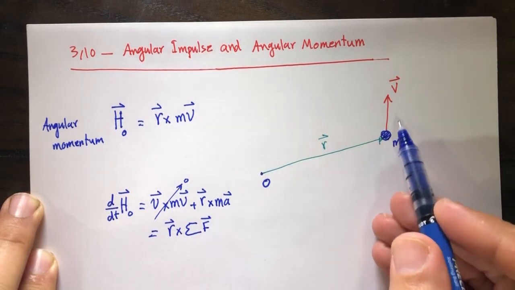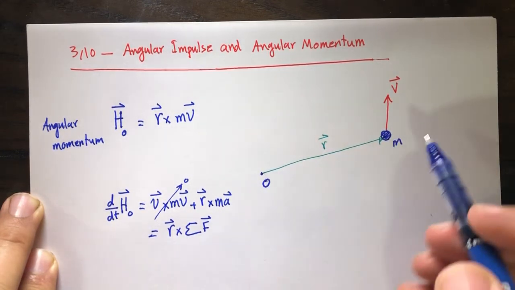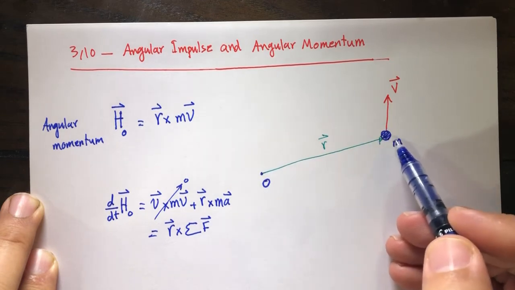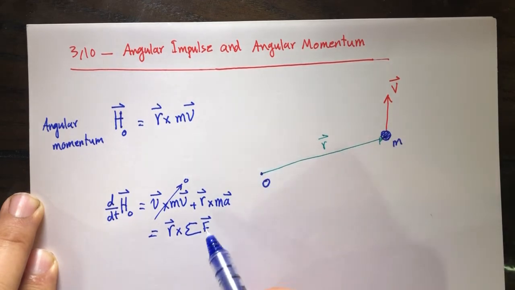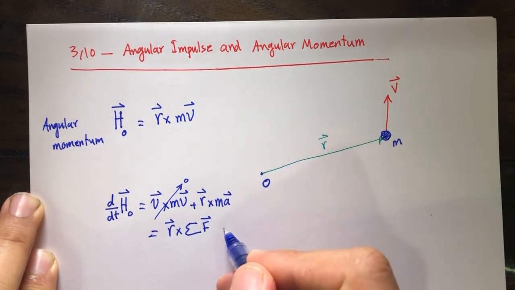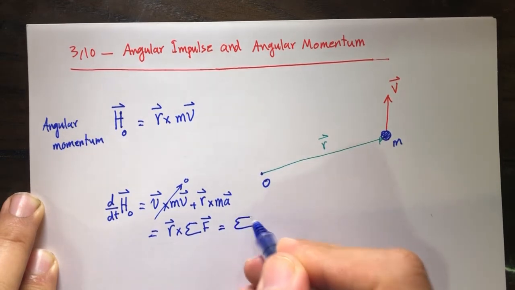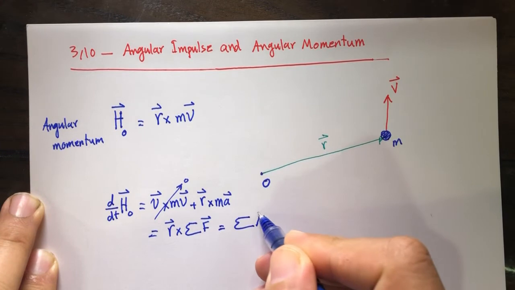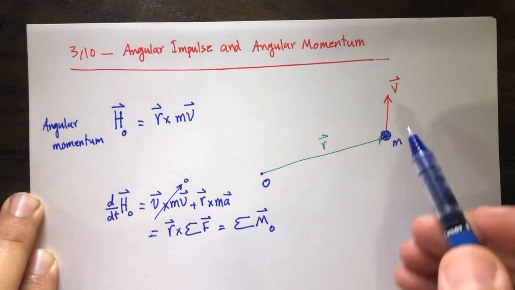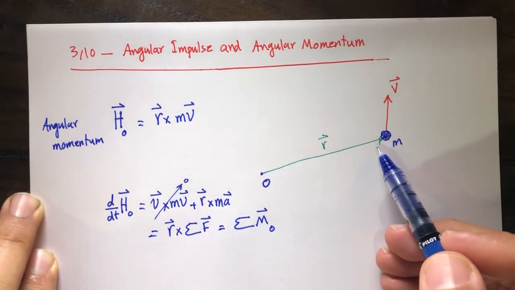And r cross force is the moment. So the moment of all the forces that we have on the particle about point O is going to be this. So I can replace it with sum of the moments about point O. So again, this is the moment of all the forces that we have on this particle.